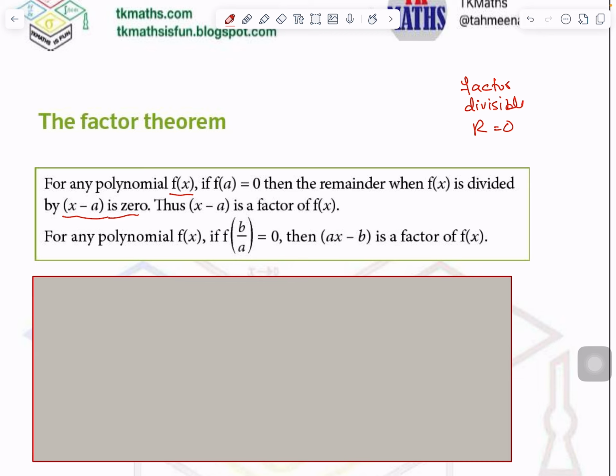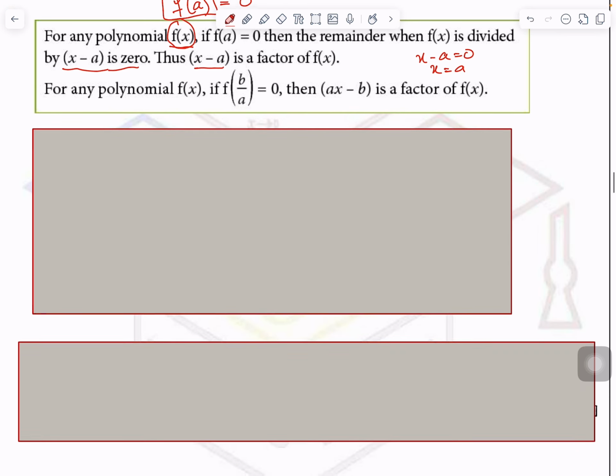So you apply the same technique. Whatever you are dividing it by, put it equal to 0 and get the value of x. That value of x you plug into the polynomial function and your remainder is equal to 0, right? Because this gives us the remainder.